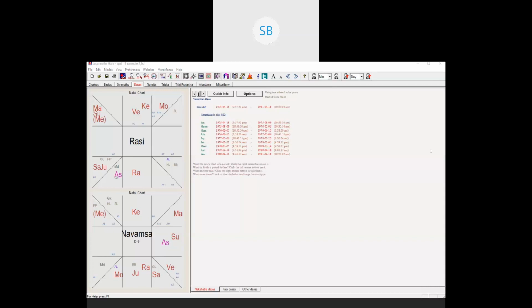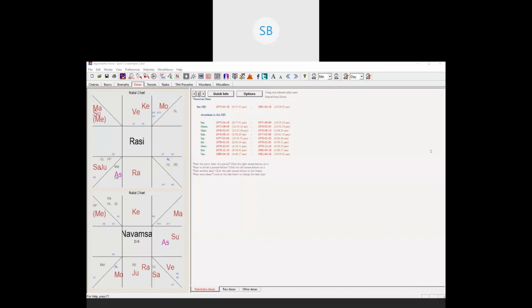So before you look into anything else, the first aspect is the Lagna lord and the house lords, where they are, and whom they are aspected by. Second thing is that you have Papi and Shubha planets.